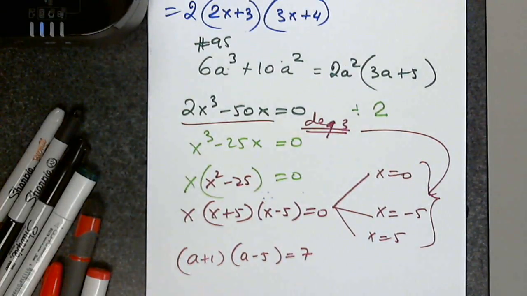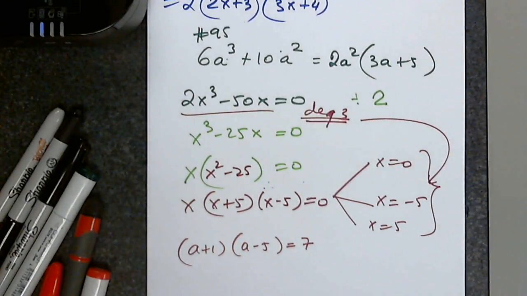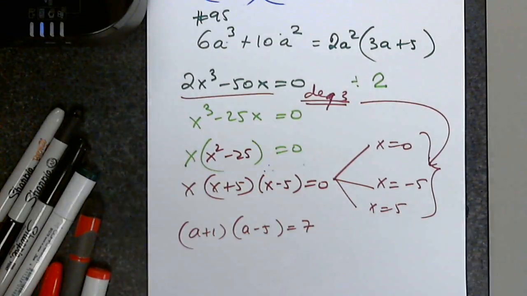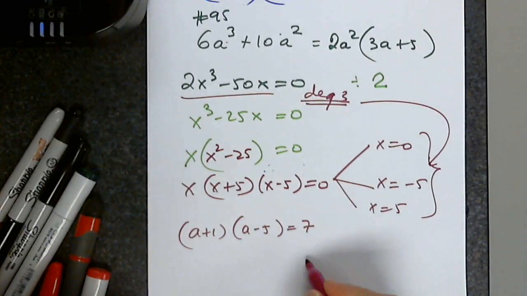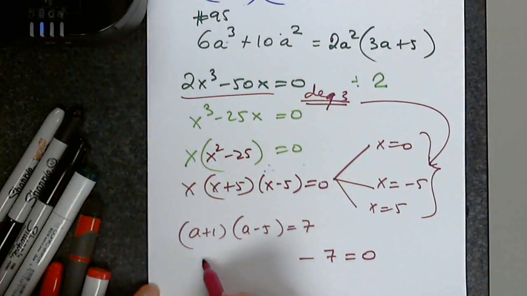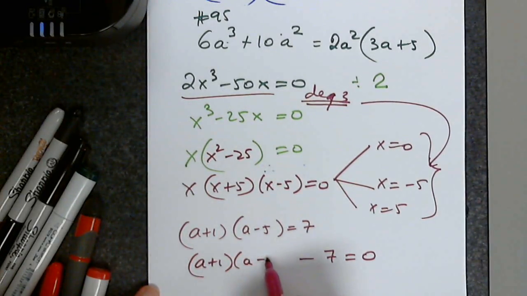I have to use the 0 product principle. 0 product. So what will be my first step? Mandatory step. Say it again. Yes, I have no choice. I have to have 0 on one side. So then a plus 1 and a minus 5.